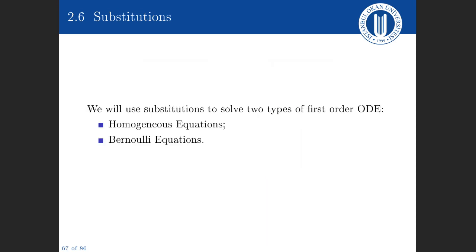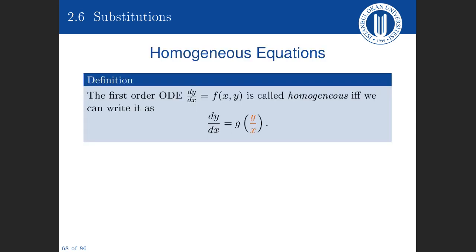And we're going to use substitutions to solve two types of first-order differential equation: homogeneous equations and Bernoulli equations. First, homogeneous equations. A first-order differential equation dy/dx = f(x, y) is called homogeneous if we can write it in the form dy/dx equals a function of y divided by x.